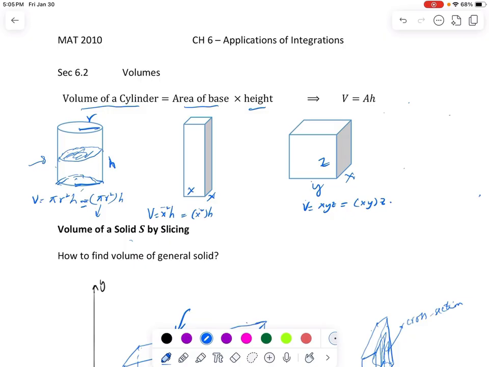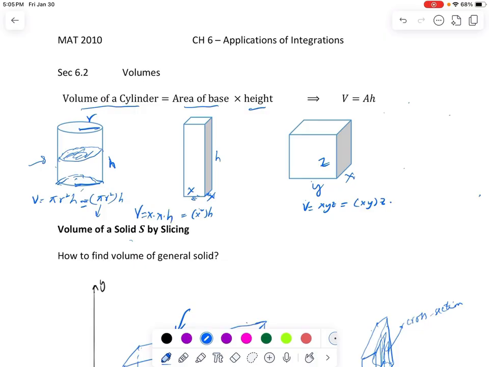Now in the second example shape, we can call it maybe a box with a square base. Both of these sides are x, the same. The height is different. So the formula for the volume is x times x times h, which becomes x squared h.